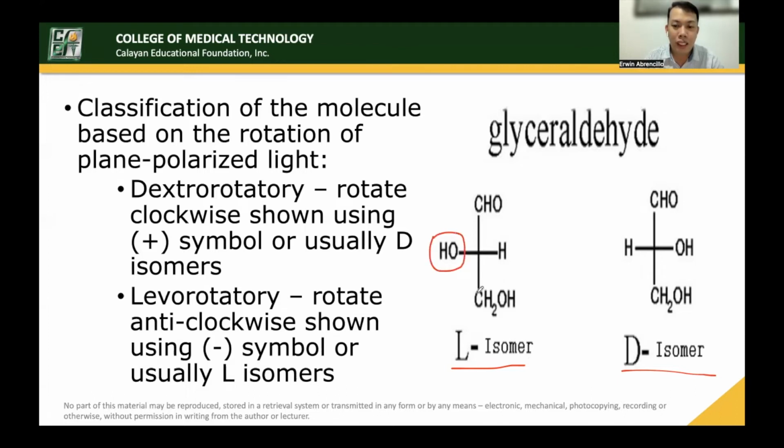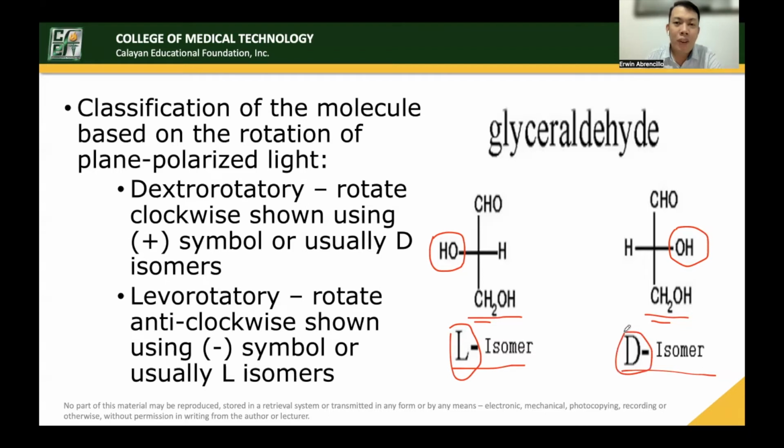The OH that is next to the bottom carbon, this one. Since this OH is found on the left side of the structure, we call it L-isomer, or left. And this one is found on the right, so we call it D-isomer.